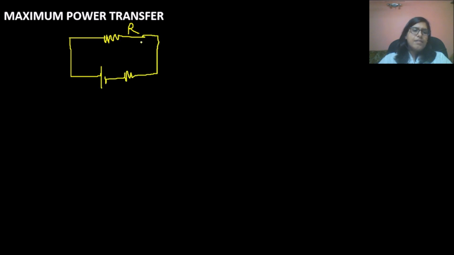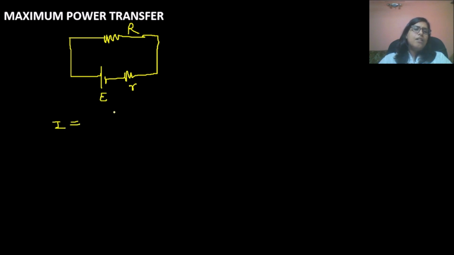Now we will see the maximum power transfer in a cell. So we have seen, if this is the external resistance R, this is the cell, this is the internal resistance r. So what will be the current?